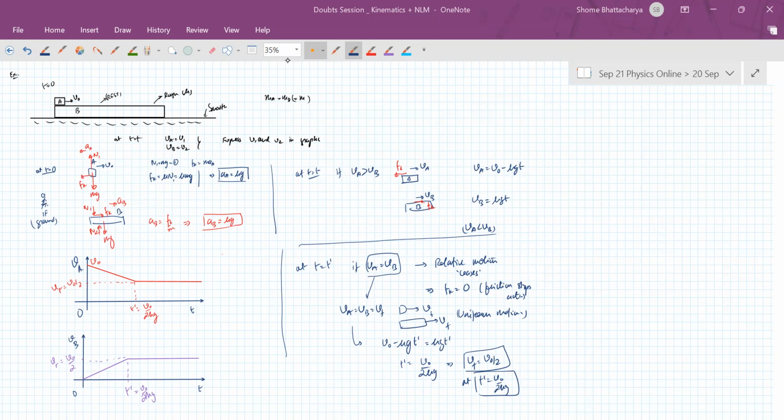No, that kind of situation will only happen when there is friction on the floor. There is friction on the floor, and, I mean, that is actually not possible, because if the coefficient of friction on the floor is very less, then initially B will still accelerate because the friction acting from above will dominate over the friction acting from below.